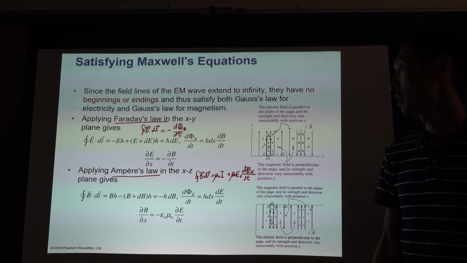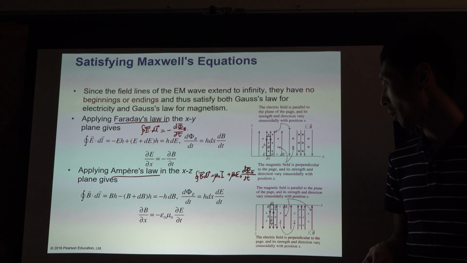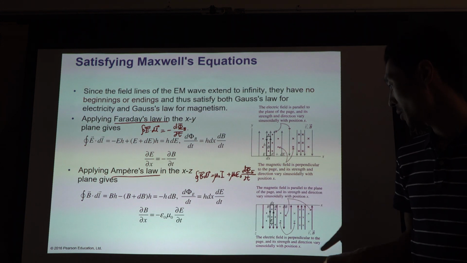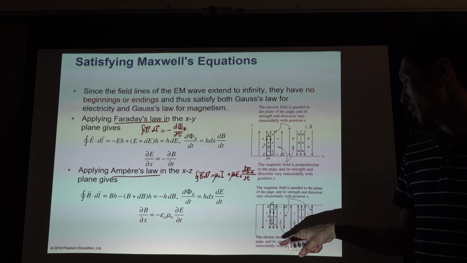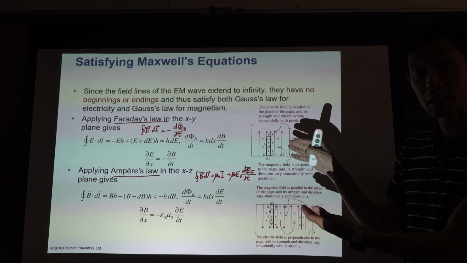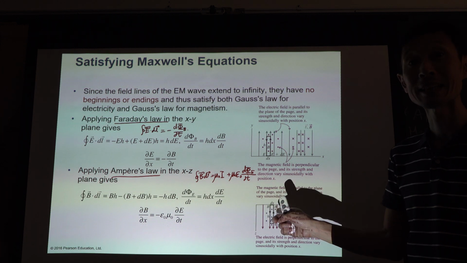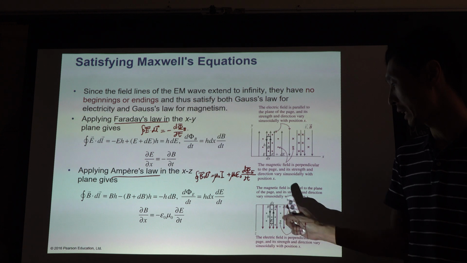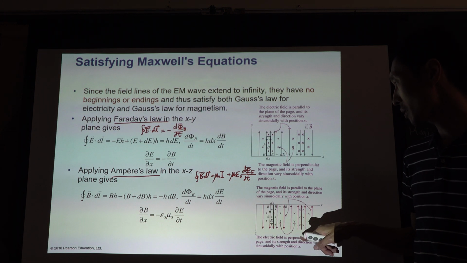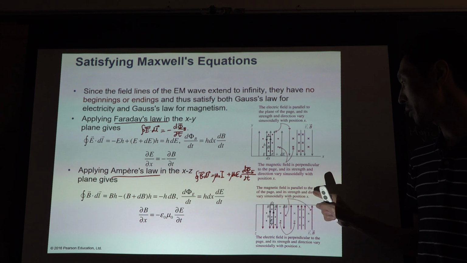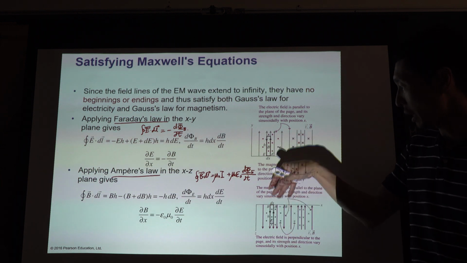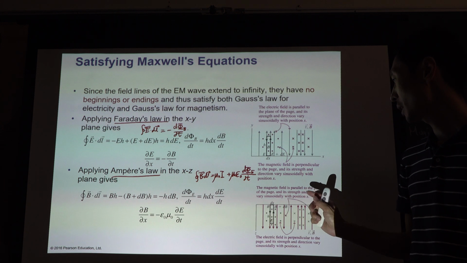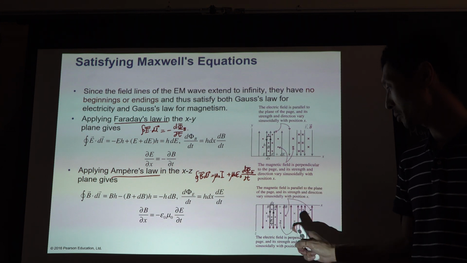And then let's apply Ampere's law in the xz plane like this. Now we are looking from the other direction, from the y direction. This is z and x. Before it was y and x, now z and x. So this is the magnetic field now, because we're looking from a different angle, and its strength and direction change with x.